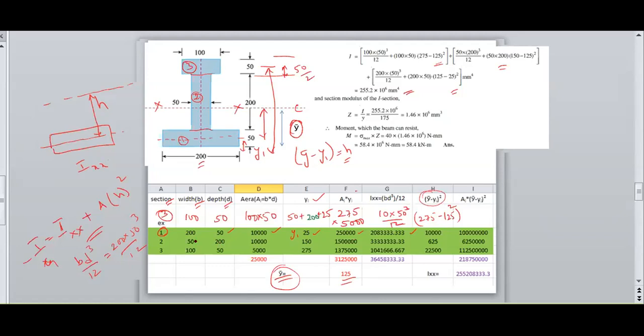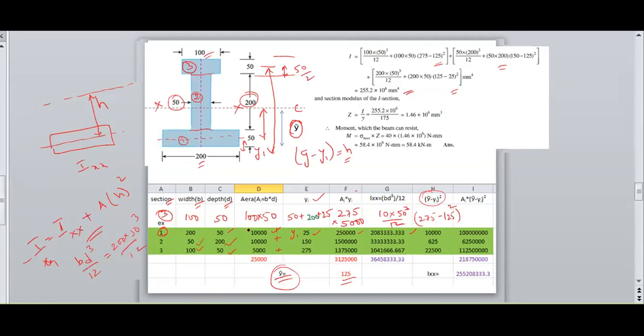For the second section, B is 50, D is 200. For the third section, B is 100 and D is 50. Therefore, I am calculating the areas.